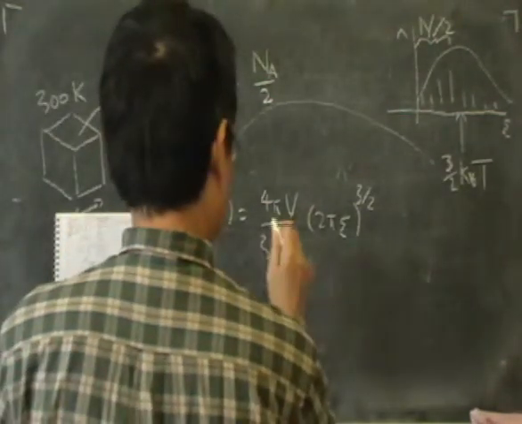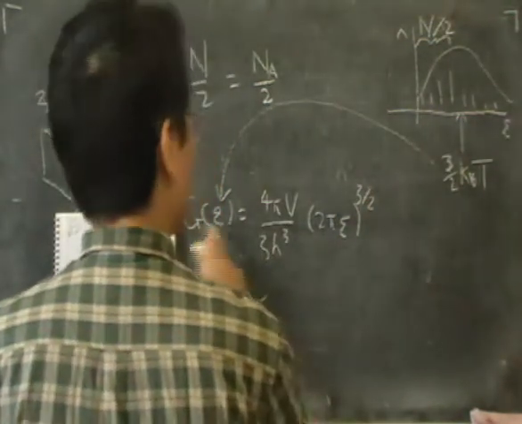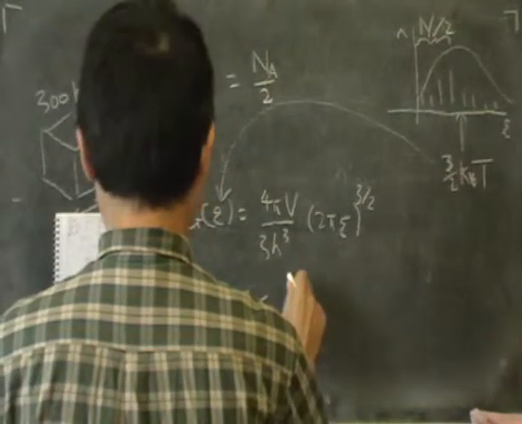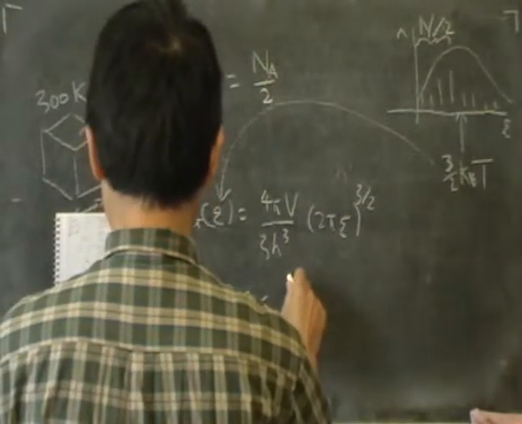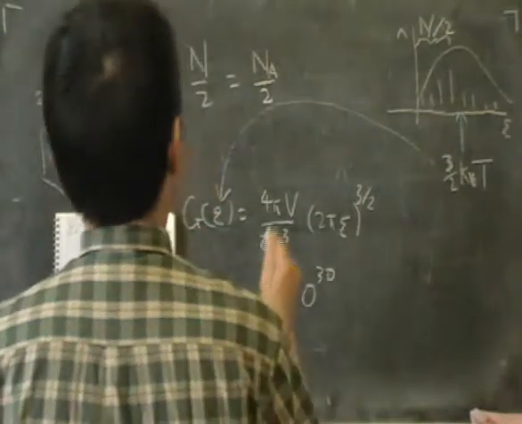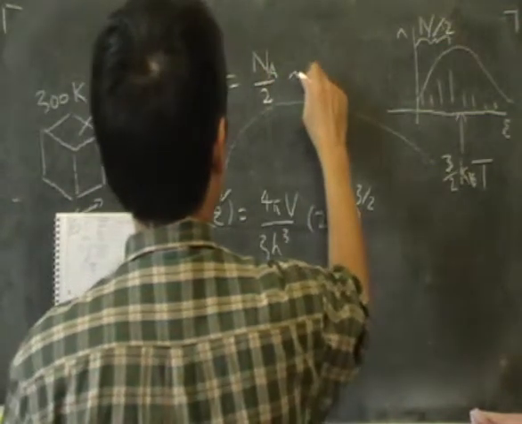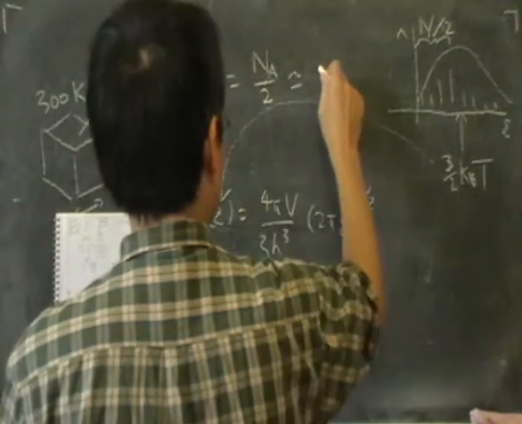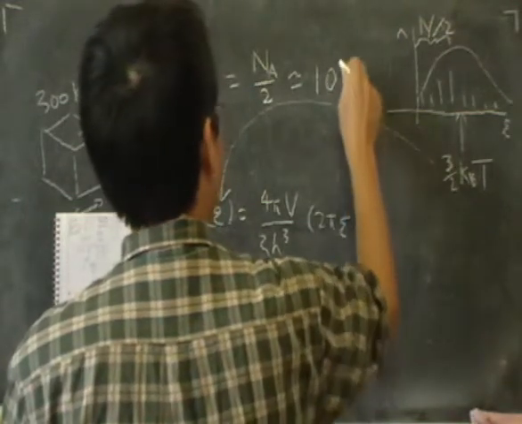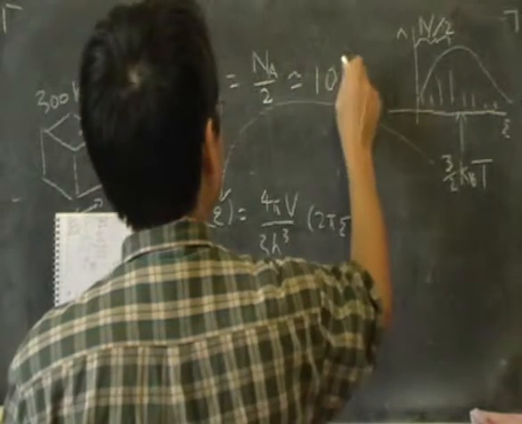So putting in all these numbers, we will end up with a number for the total number of states below average energy of 10 to the power of 30. And the Avogadro constant divided by 2 is roughly 10 to the power of, let's see, 23.